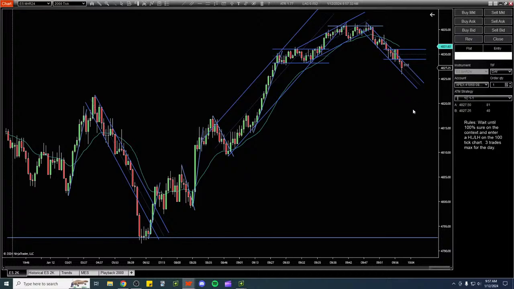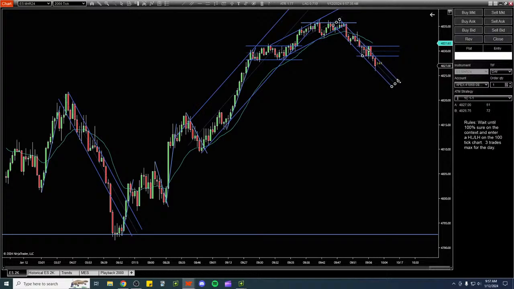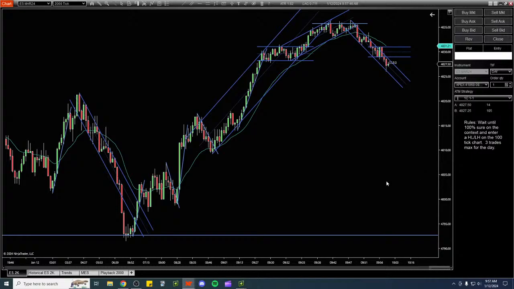It's possible this downtrend is a little bit wider, but right now I'm going to play it tight. Play it like this, tight. But it's possible that later on it ends up being a little bit wider, maybe something like that. Just play it like this for now.